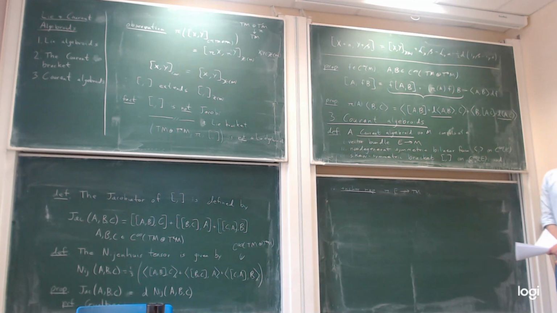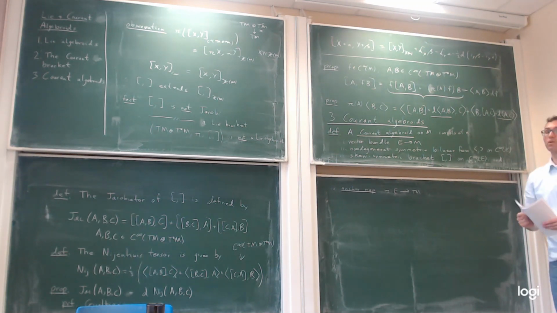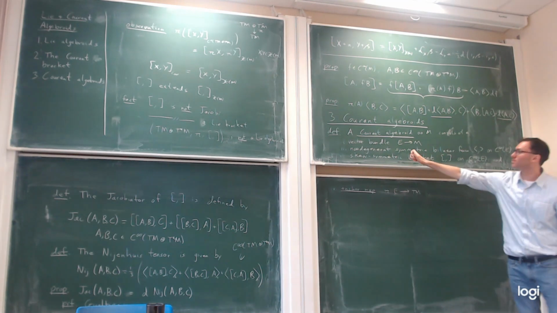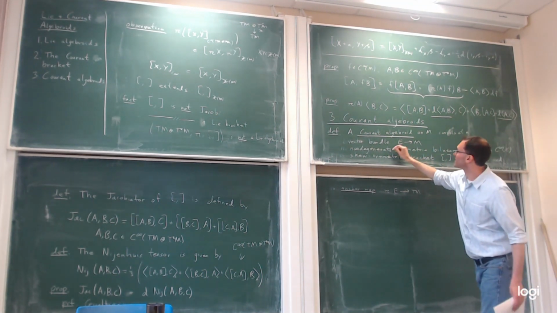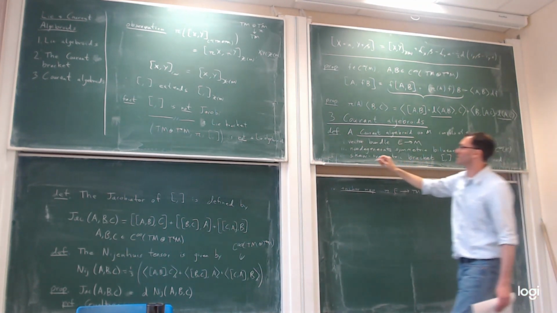So far, the data involved in the definition of a Courant algebroid is very similar to the construction of a Lie algebroid, except now we have a non-degenerate symmetric bilinear form on the sections of E. That's new to our setting, so I'll put a star next to it.